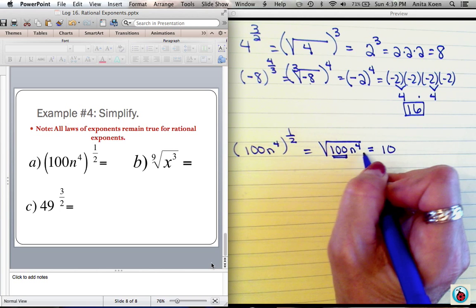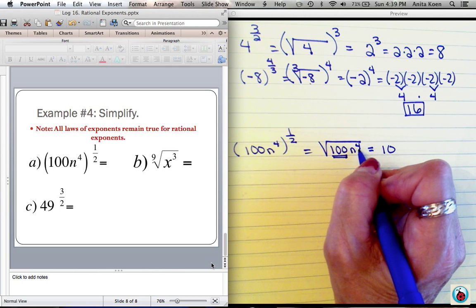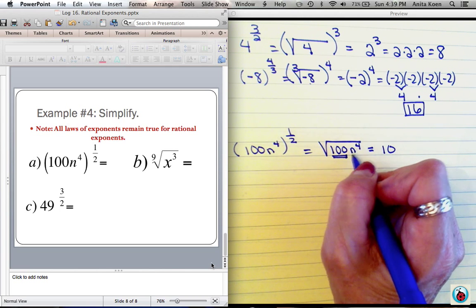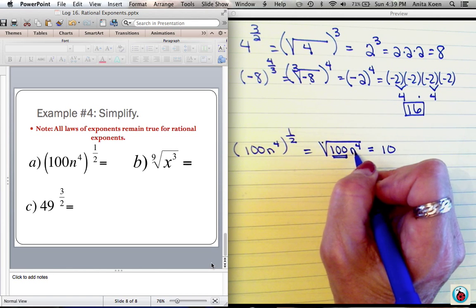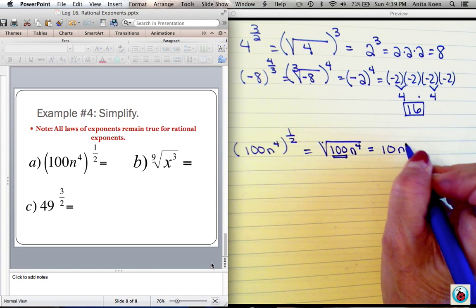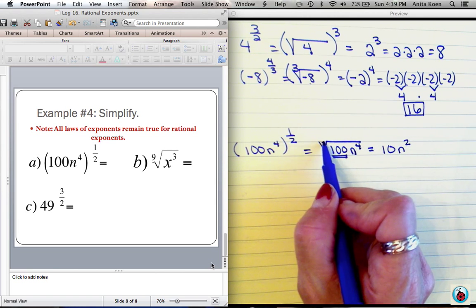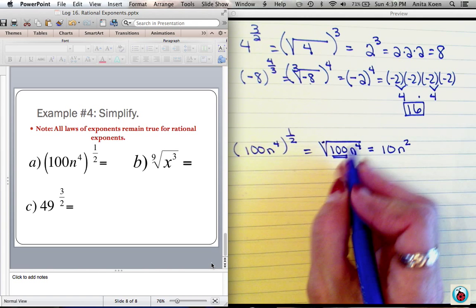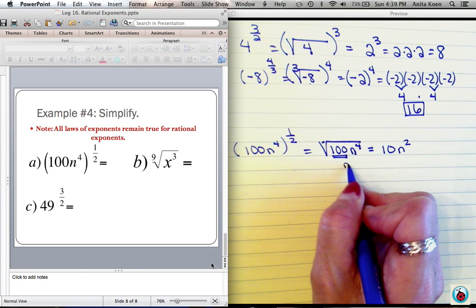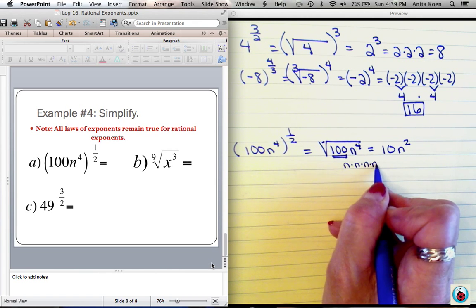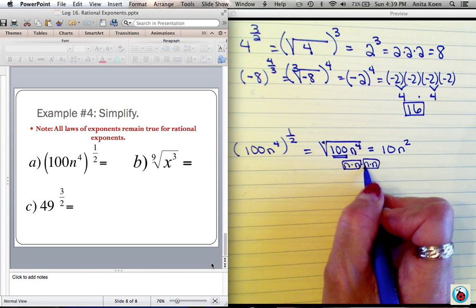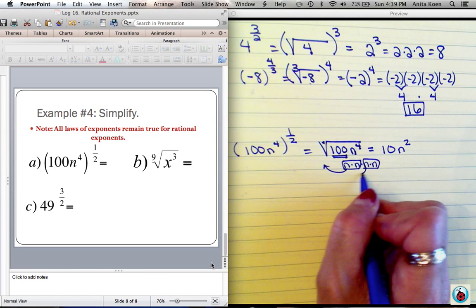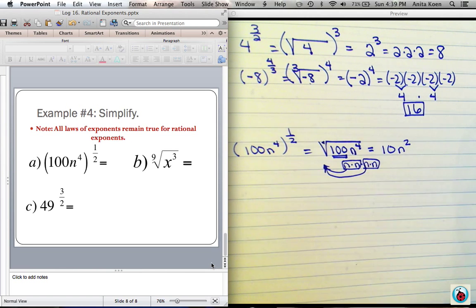And if I remember the pattern that we learned for exponents on variables, we said the square root of n to the fourth is n squared, because 4 divided by 2 is 2. If you don't remember that, then you're going to have to do n times n times n times n, and knowing that we're pairing these up to get out of the radical, so 2 n's come out as 1, 2 n's come out as 1. And that's where the n squared came from.